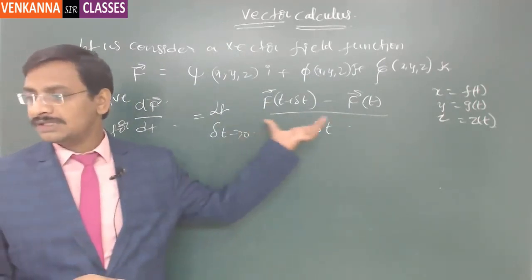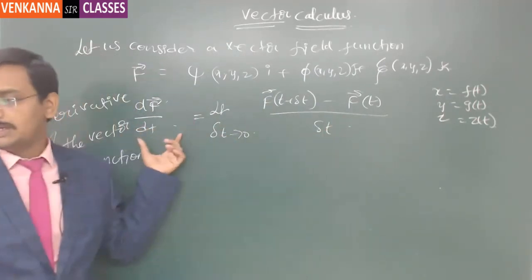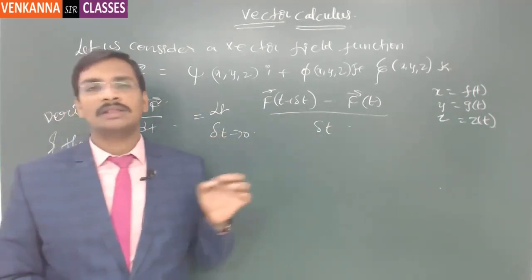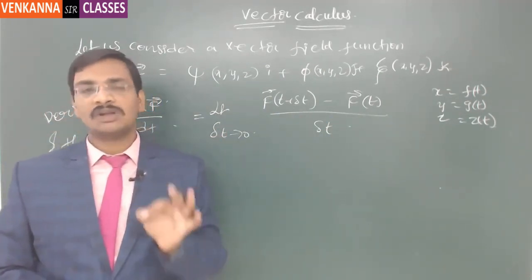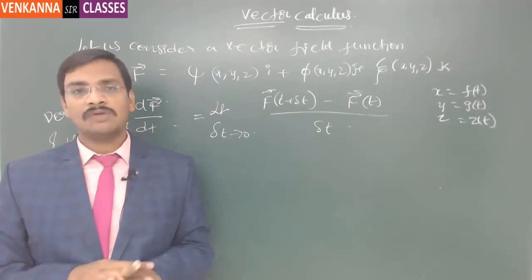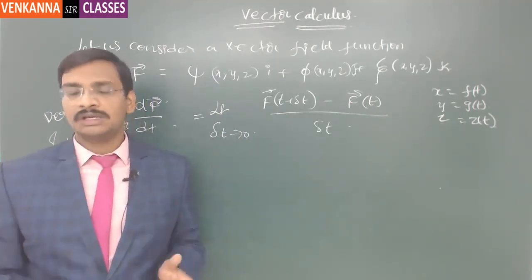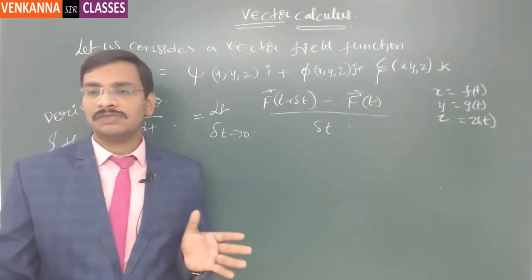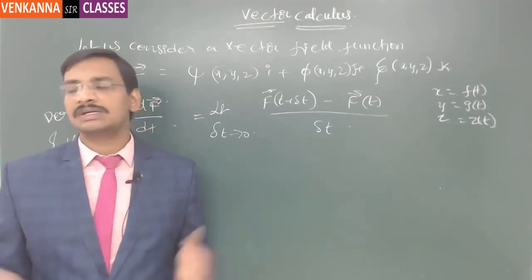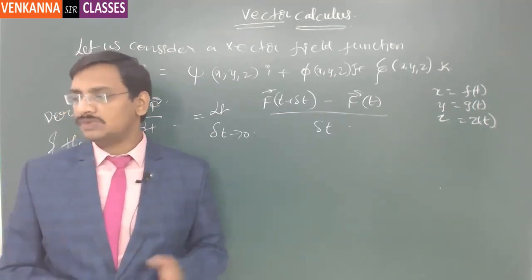And this is defined as df by dt. That means you can apply the fundamental calculus principles on vector fields without any difference. Got it? The only thing is you have to separate into 3 different directions. Every direction is treated separately. That's the only difference.